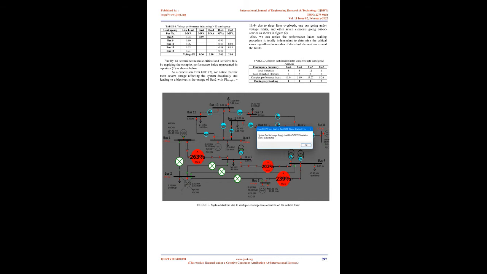Reactive power or voltage security-based ranking methods. The Voltage Performance Index, PI_QV, is a technique used to measure bus violations and evaluate system instability resulting from out-of-limit bus voltage.